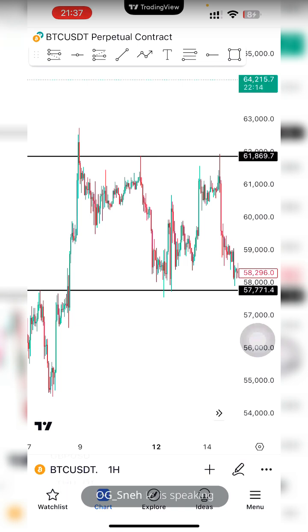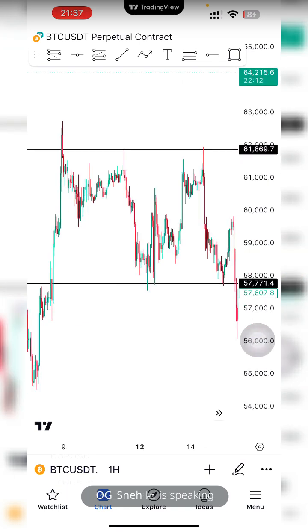It will go down. Now, for it to go down, the way it is, there are only two participants in the market. Either you are a buyer or you are a seller. Now, if you see the market consolidating, it means there's a strong competition between buyer and seller. Do you understand? The two of them have the same strengths.